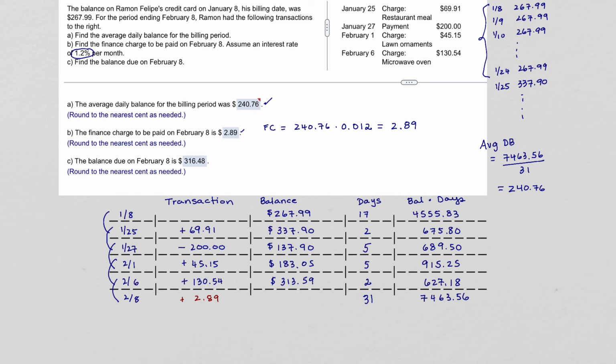And that gives me $316.48. And that's that final number. And that's how you do that problem. So it's more tedious than it is difficult. So if you practice a few of these, it makes a lot more sense. So there you go.